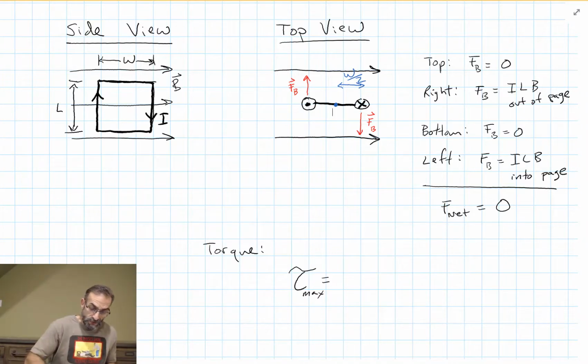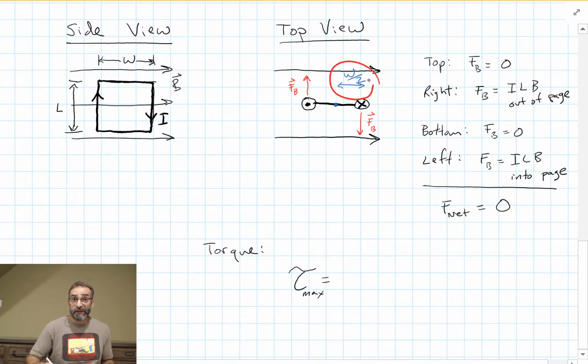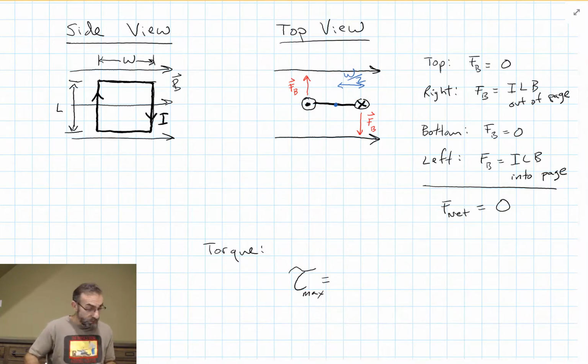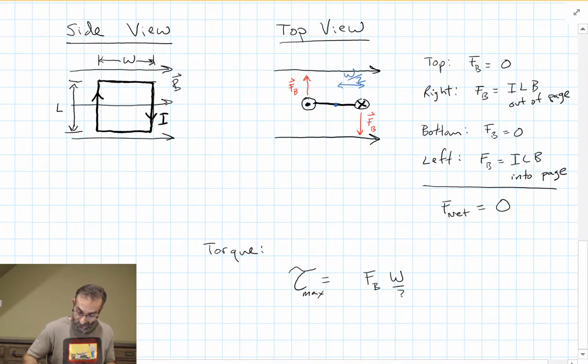So the lever arm is half the width of our loop of wire. Torque is force times lever arm. And that just includes one of the forces on the left side. We also have a force on the right side.